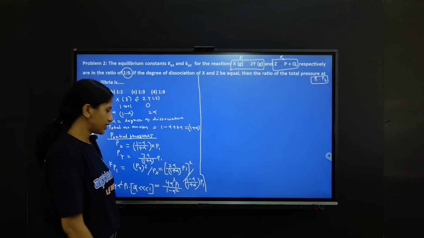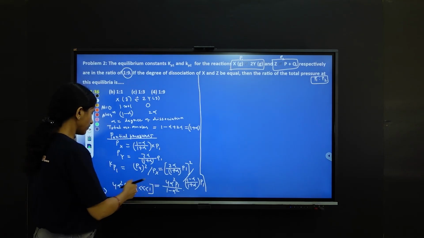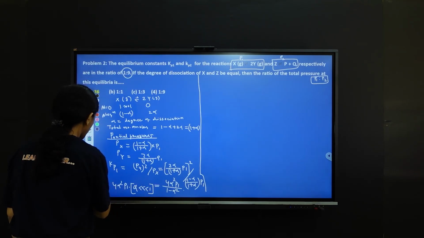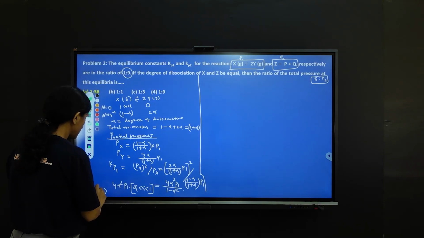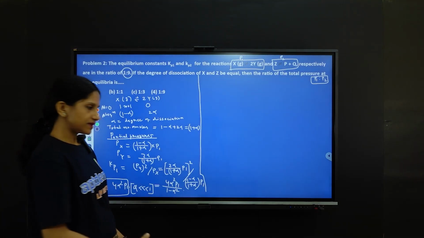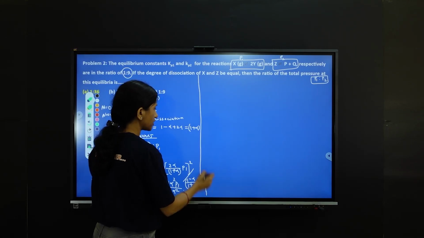The degree of dissociation is much less than 1. So our Kp1 has come out as 4 alpha square P1.